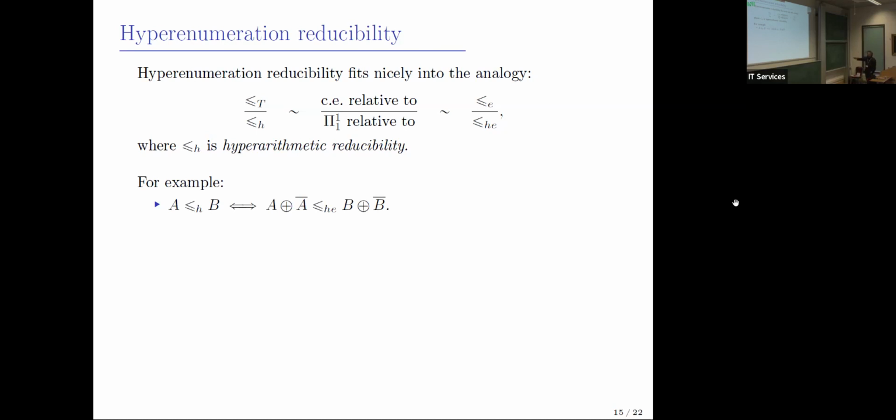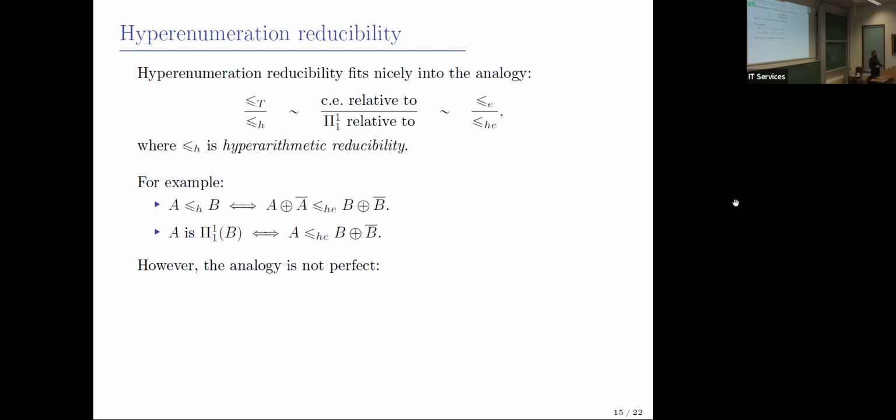We really only use, in the definition of HE reduction, positive information about B to get positive information about A. Arguably. And also, A is pi 1 1 in B if and only if A is hyperenumeration below B join B complement. These are the kinds of analogies you would want to hold. Not everything works out perfectly, though.